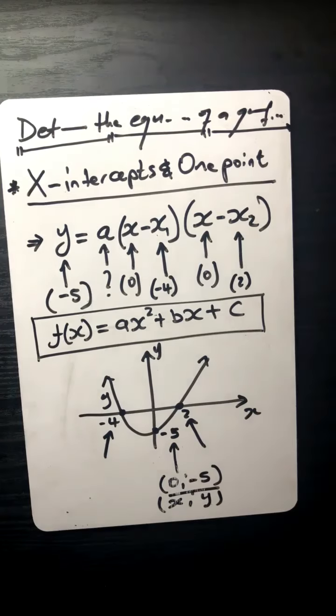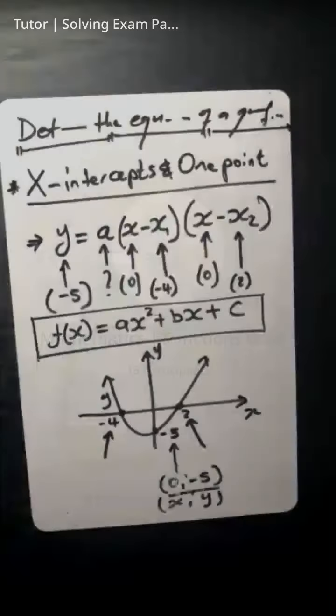So before I move to the second part where they say you are given the turning point and 1 point, is there someone who's got a question up to this point? Mister, can you repeat the?